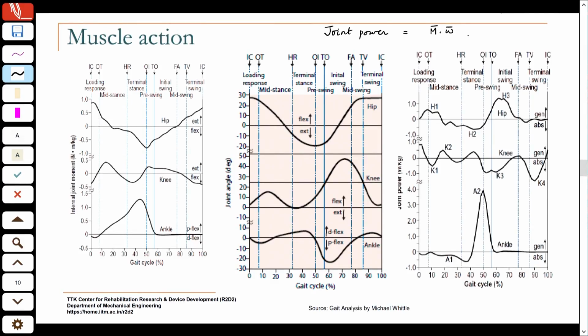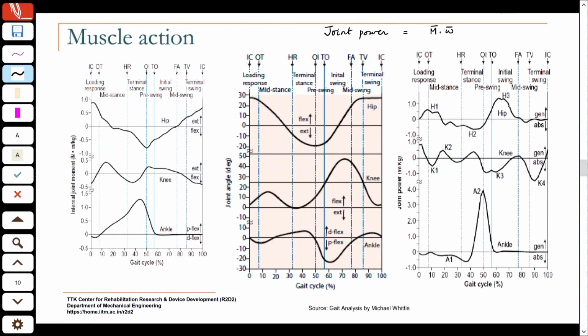Then when the muscle is resisting or slowing it down, right, then you have power absorption. And you can see here, like at the knee for instance, there is more power absorption than generation. At the hip, the primary power generation is initially when you are extending the hip, and then when you are flexing in swing.